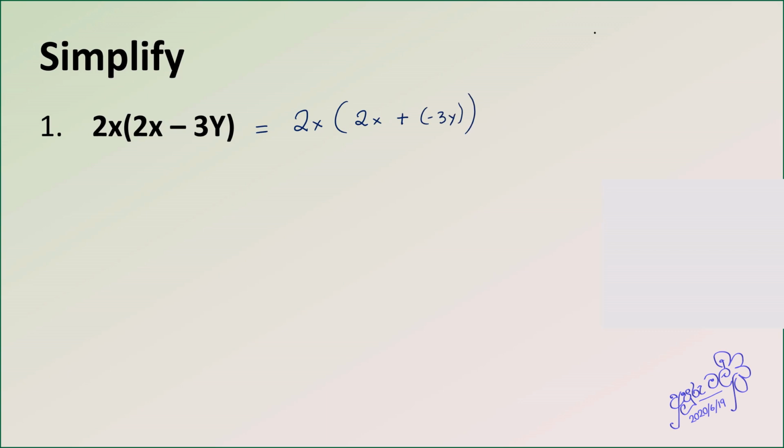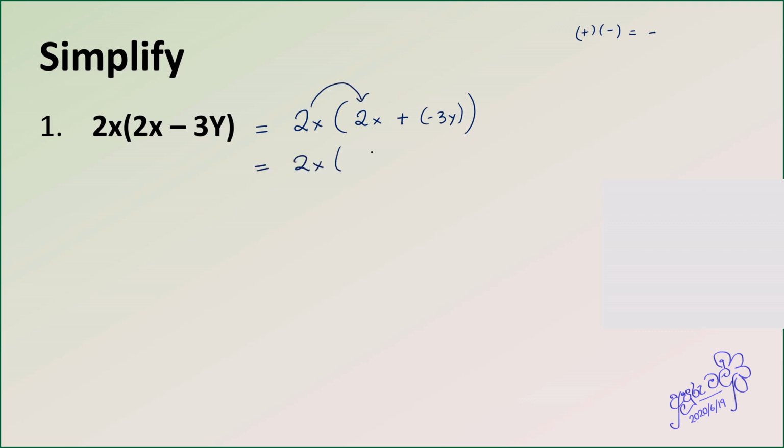I can always do that because we know plus sign times minus sign is a minus sign. So this minus sign can be represented by a plus sign times a minus sign, or add minus 3y to the expression 2x.